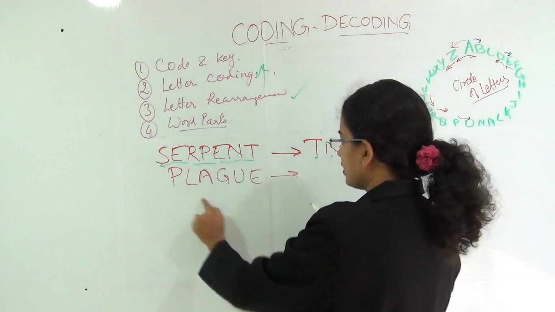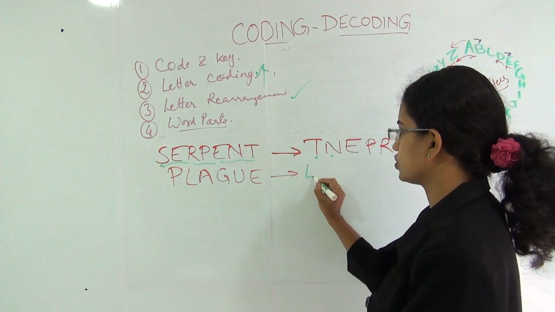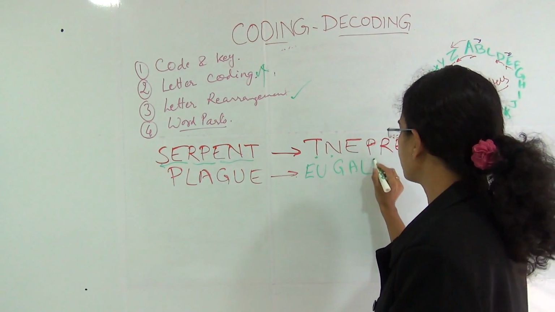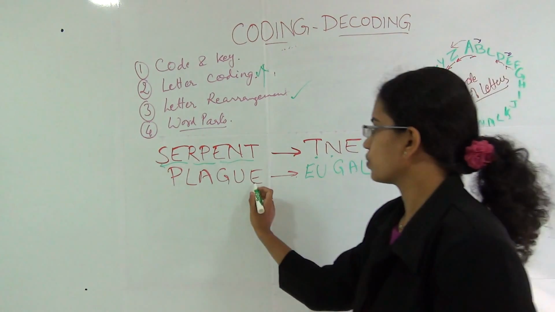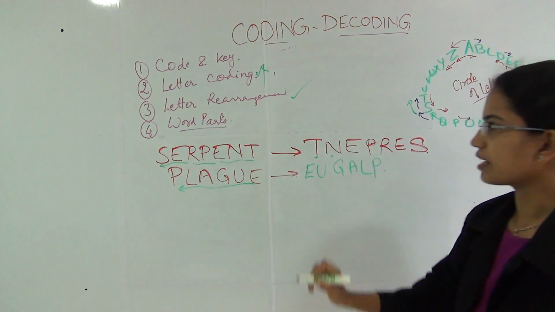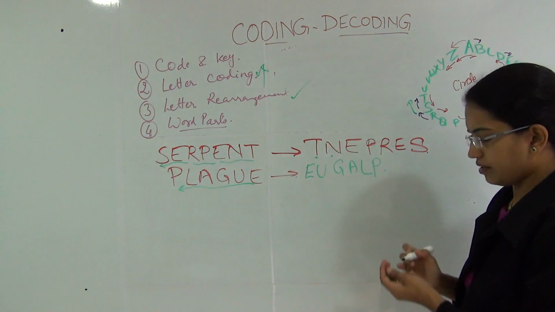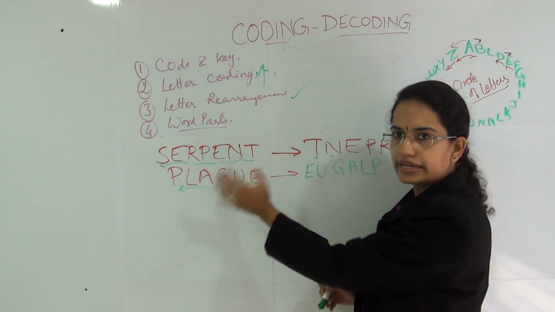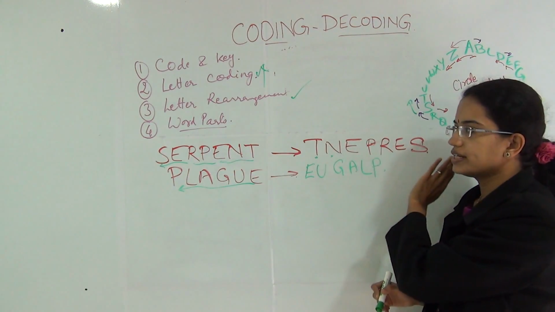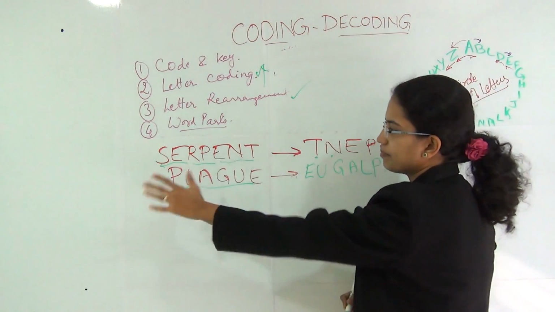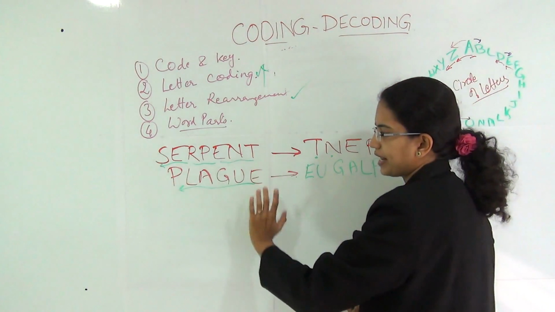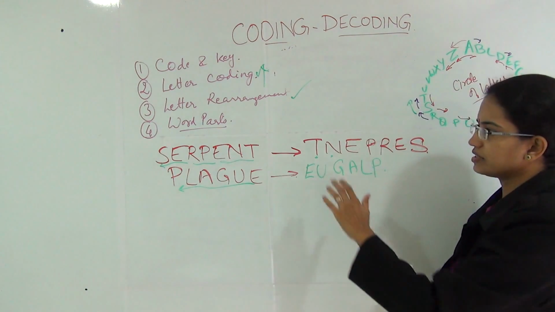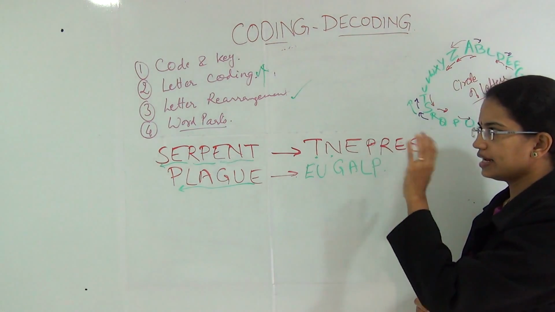So for plate, if I want to go into a reverse order, it should be E T A L P. So this is the first type of letter rearrangement problem where you are given a word, and what you are doing is rearranging that word into a reverse order. So for serpent, I'll start with T. For plate, I'll start with E. And I'll move backwards. So that's one kind of problem under letter rearrangement.